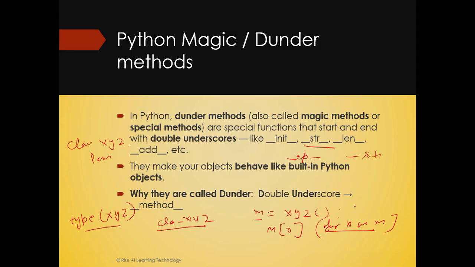I will only be able to do it once I implement the __iter__ magic method in this class. Then this class will start behaving like a list. That is the good thing about magic methods. They are very useful, and they are also used very frequently. We use them in multiple scenarios.